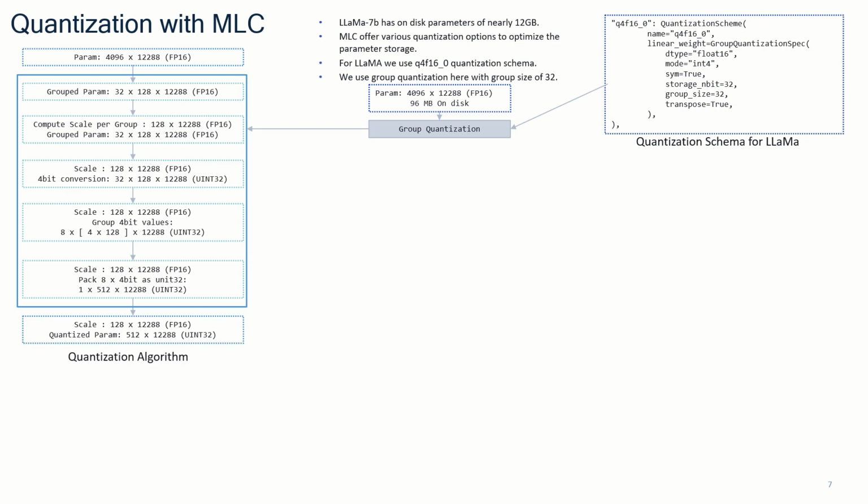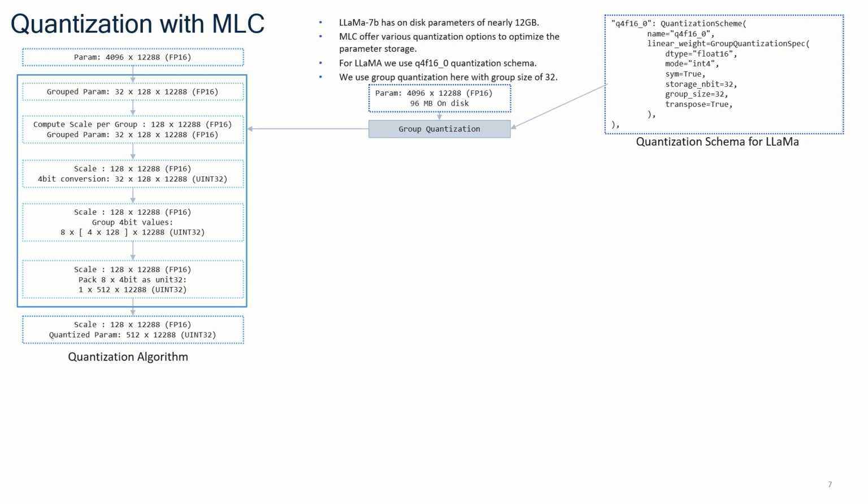So what happens when we do this is, we have the parameters in 4K by around 12K. We go through the process of taking small chunks of 32, finding a scale for each, and then quantizing each value into a 4-bit value. So finally it realizes into two tensors, two parameters. One is the quantized parameter.